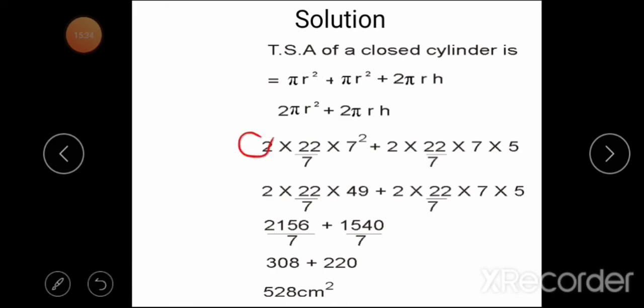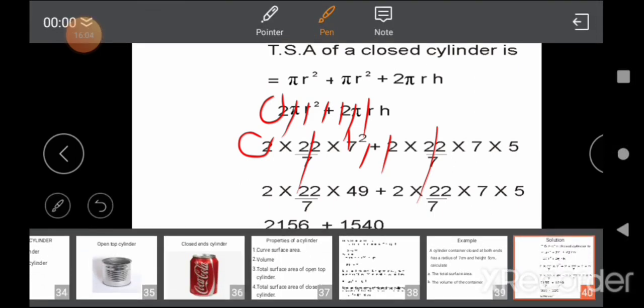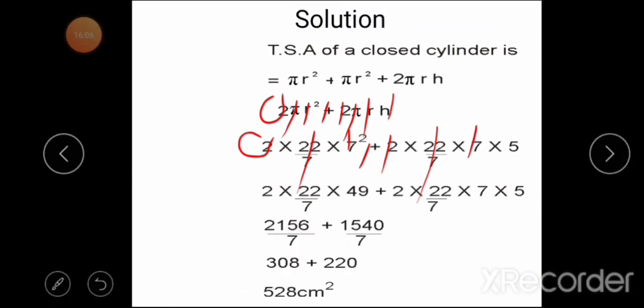So this is 2, pi is 22/7, r is 7, so 7 square, plus the same thing here: 2, pi which is 22/7, r which is our radius, given as 7, and our height was given as 5. So let's proceed from this point.